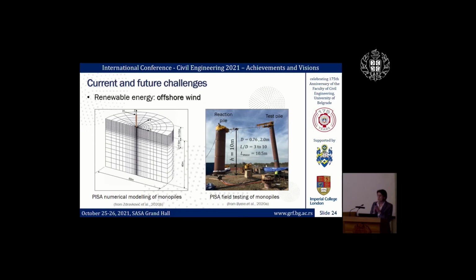Because the objective was that numerical analysis needs to demonstrate being capable to predict accurately the response of test piles. So this was again blind predictions before the tests were done. And if that is satisfactory, then numerical analysis can be used to derive a new design method.